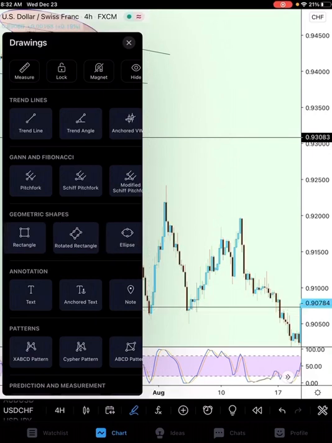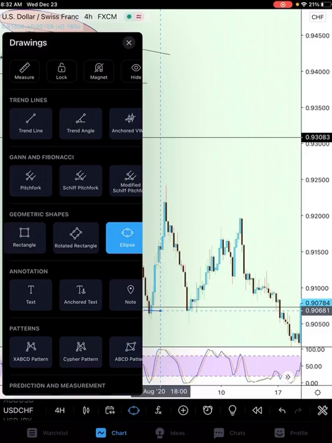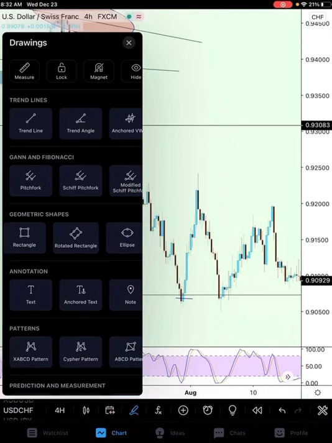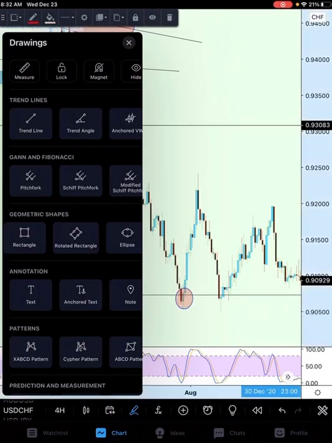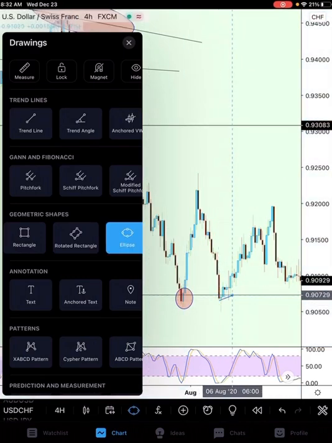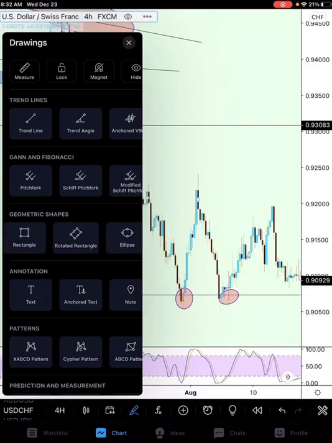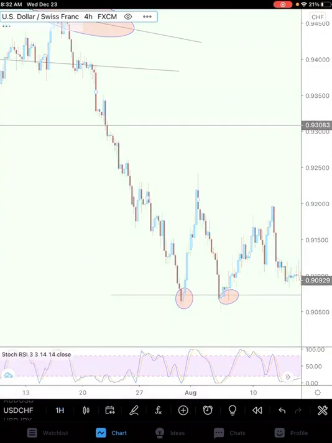So let me just mark this off in the 4-hour chart so I can show you what it looks like on the 1 hour. Alright, let's go back down to 1 hour.